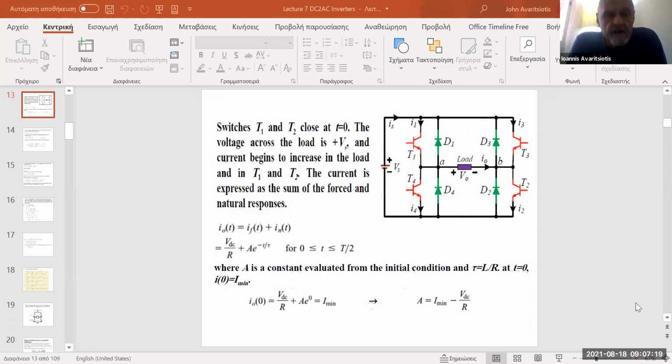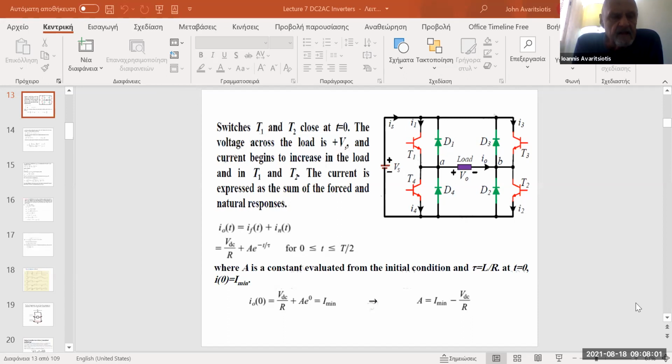The natural response is what happens when the inductive part of your load is considered. So as you remember in other cases, the inductive part of the load which contributes to the natural response part of the load current can be expressed as a function of time, but the time is varying exponentially, as we can see.